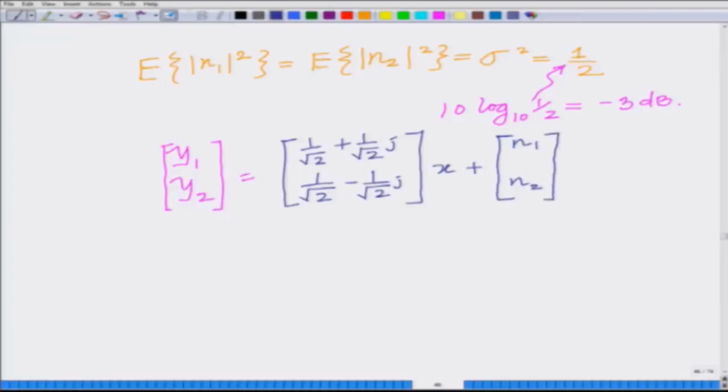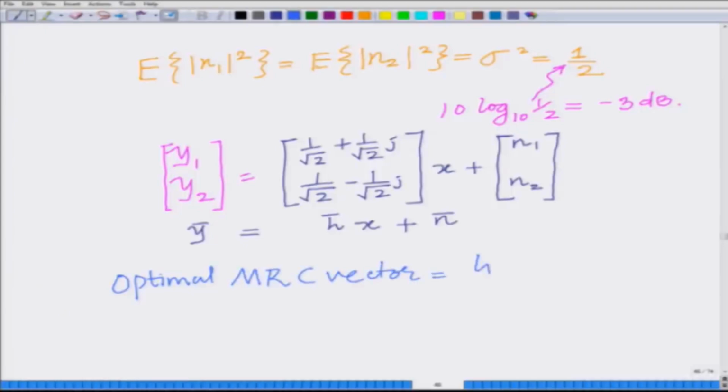Representing this as a vector, we have y bar equals h bar x plus n bar. Therefore, the optimal MRC beam forming vector, or the optimal maximal ratio combining vector, is equal to h bar divided by norm of h bar.